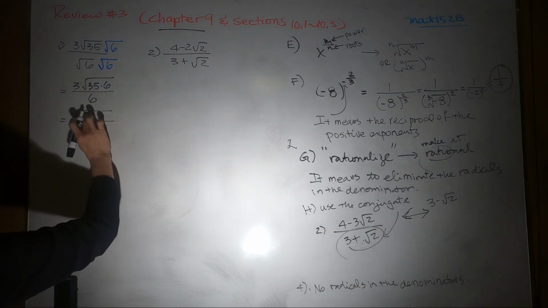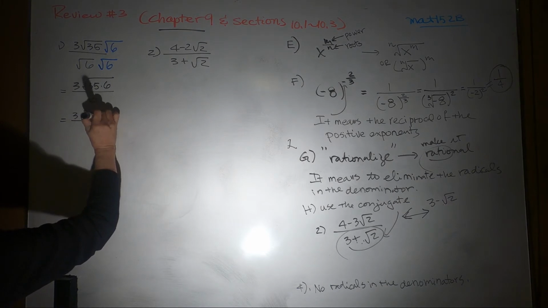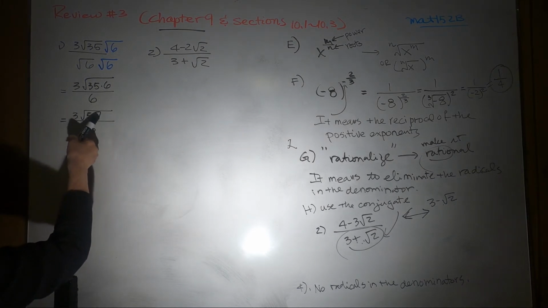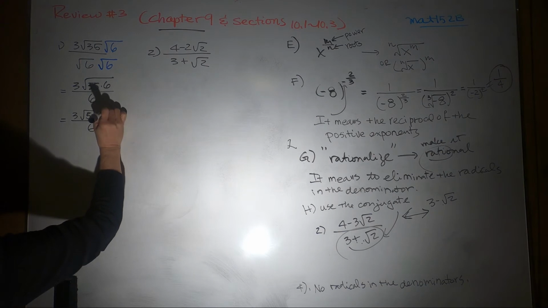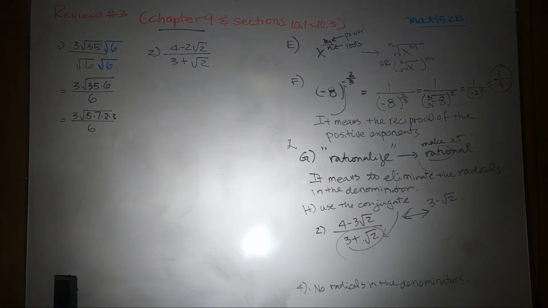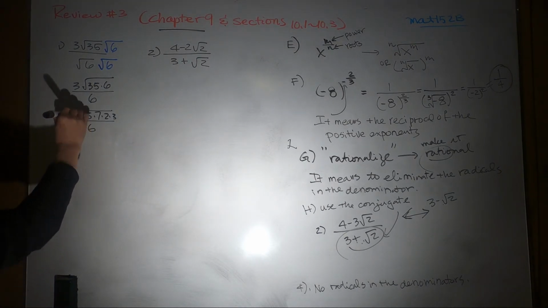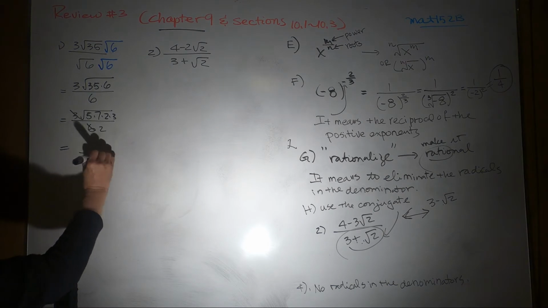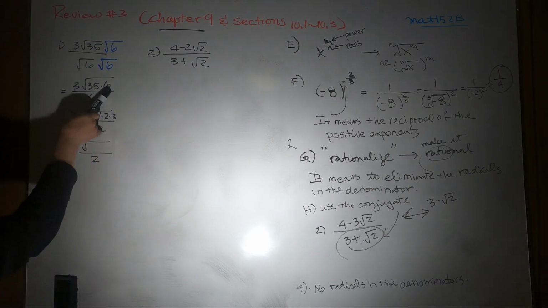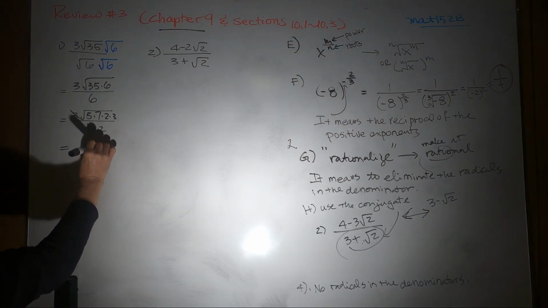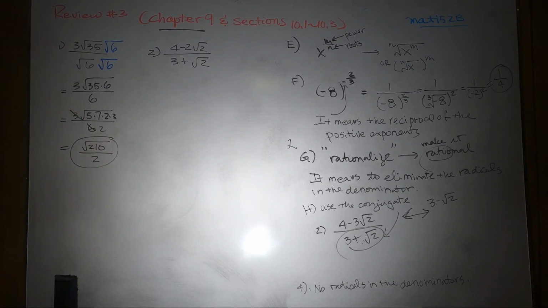So we want to separate them, see if we can do something. 5 and 7 and 2 and 3. Do we have a square root? No, we don't, right? So we just keep it as is. Then we simplify this, so that would be 6 times 35, 210.